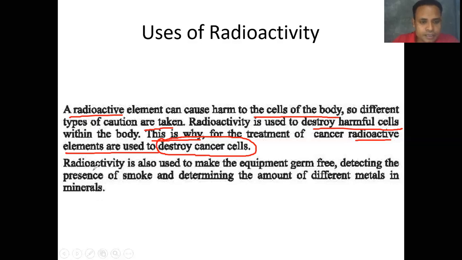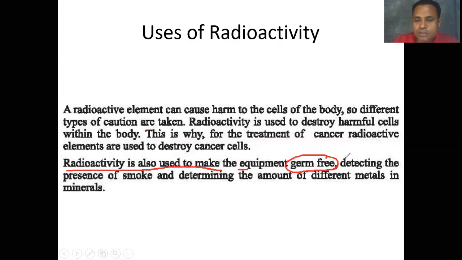Radioactivity is also used to make equipment germ free, to detect the presence of smoke, and to determine the amount of different minerals. So those are the uses of radioactivity.